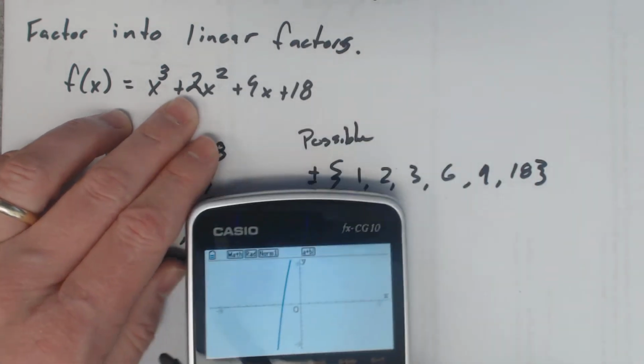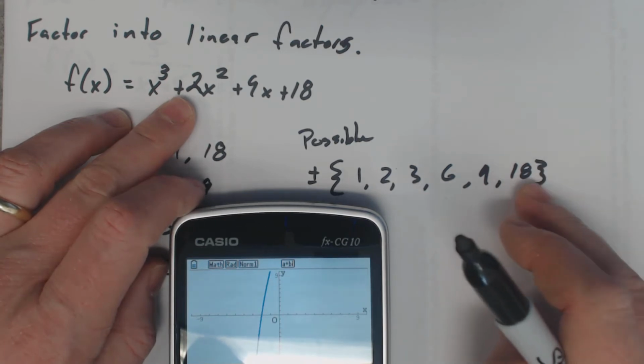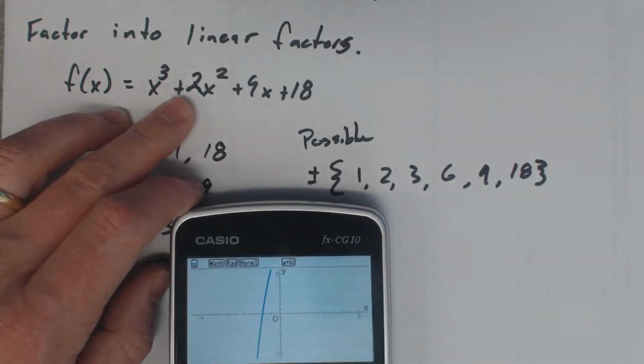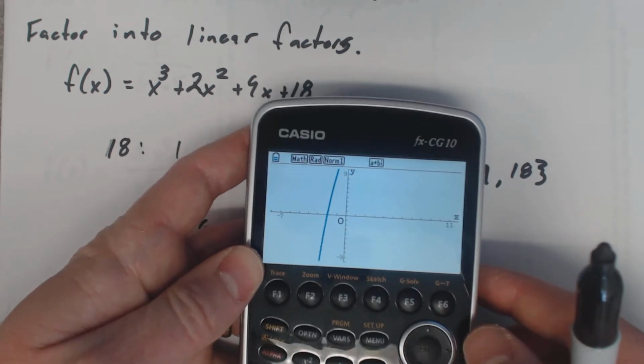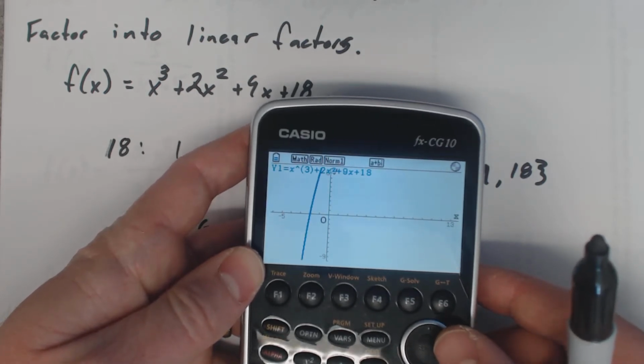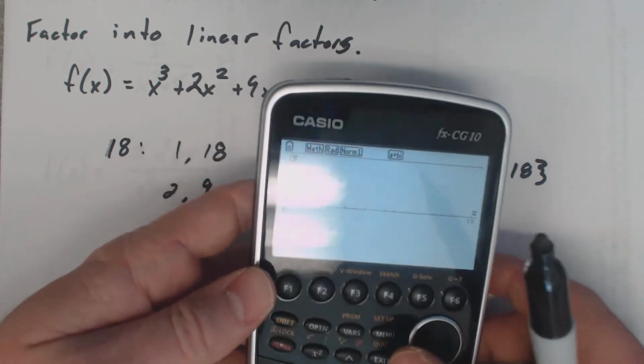And I've got another. I need to figure out if it's 18. I don't see any. I can't see 18 on here, so my calculator can just go over. So 18 doesn't work.